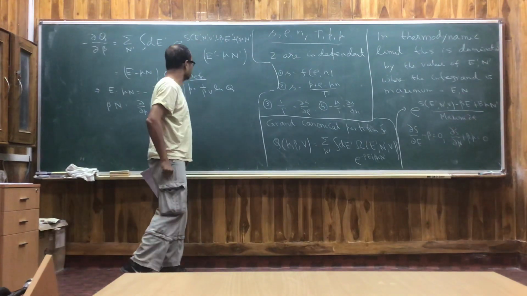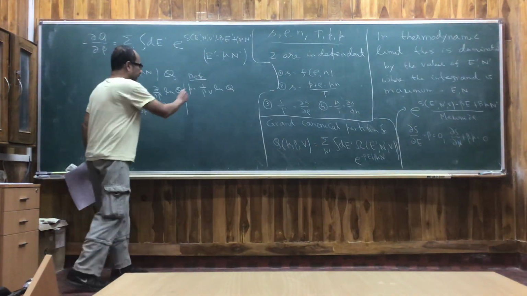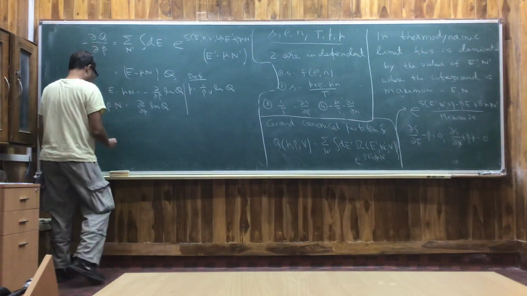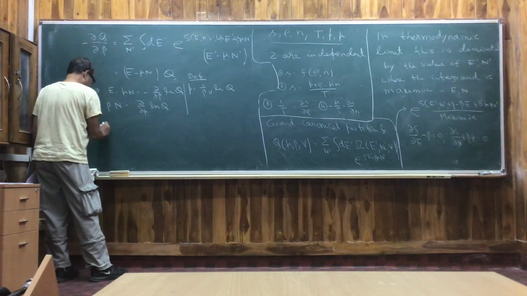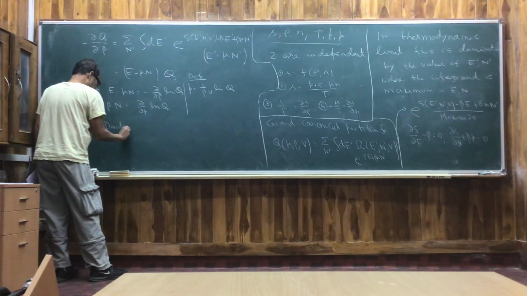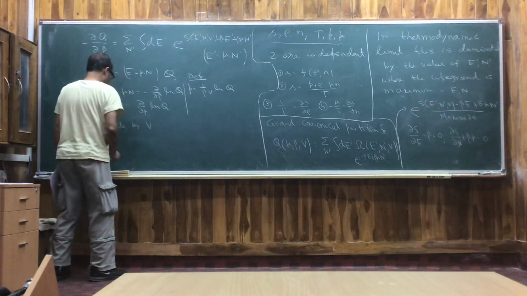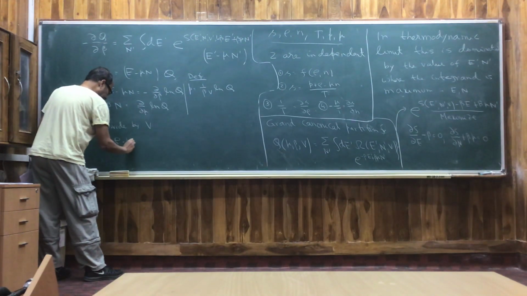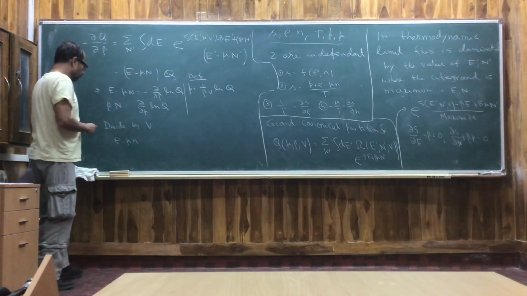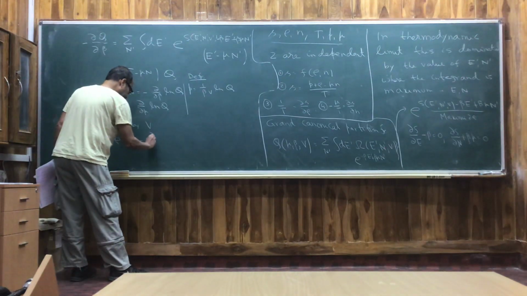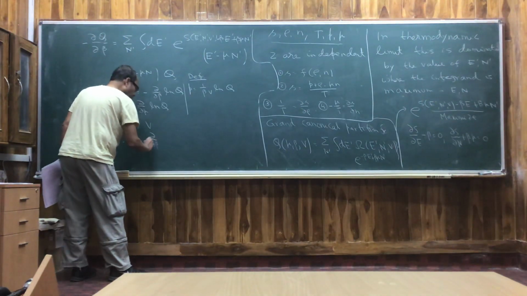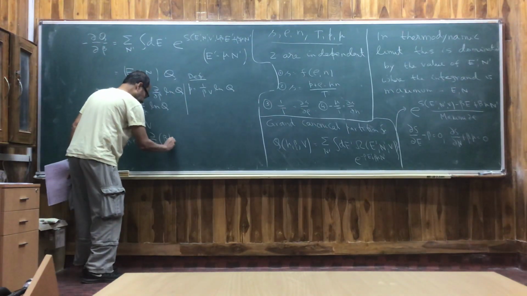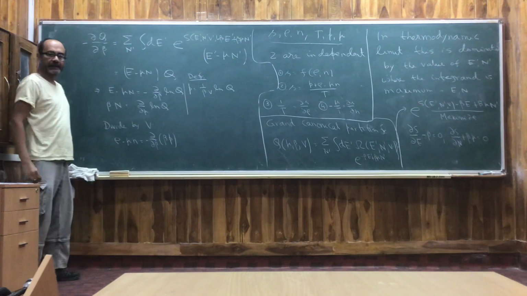Okay, so using this definition, I can rewrite this equation slightly differently. If I divide by V, I get rho minus mu n is equal to minus del beta of 1 over V log Q, but that's beta P. So this way it's a relation between only the intrinsic variables.